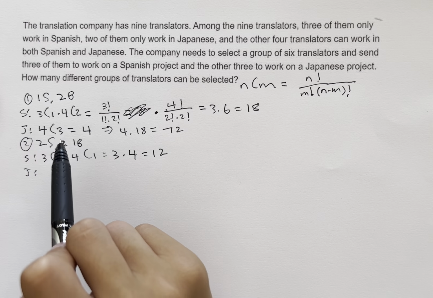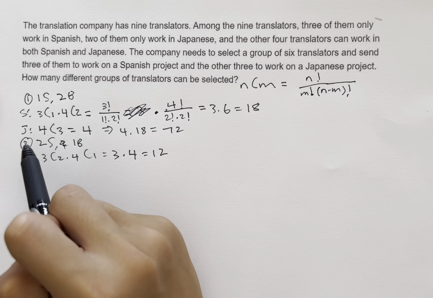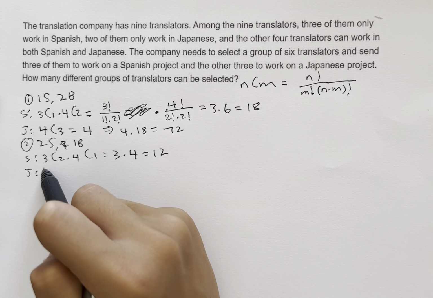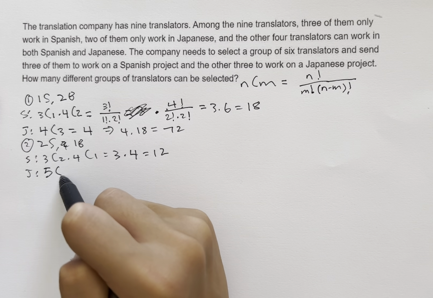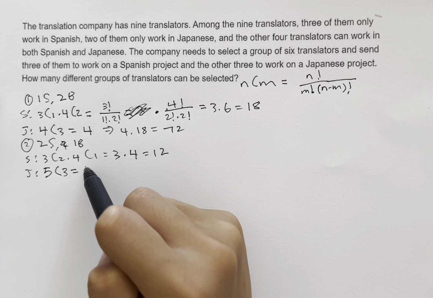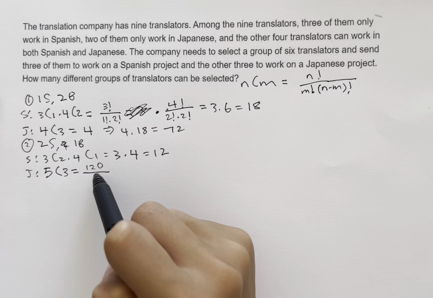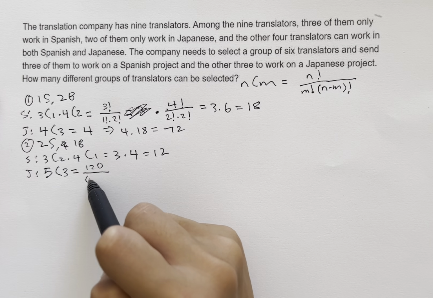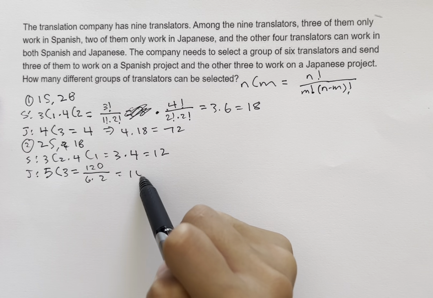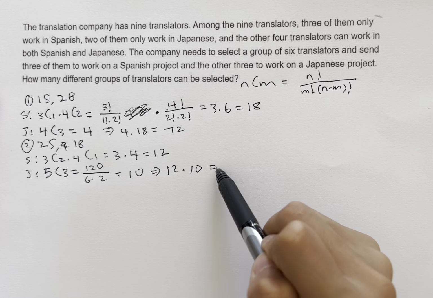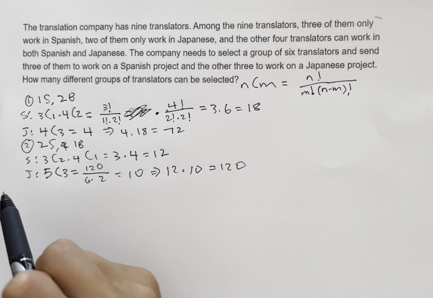So 3 plus 2 equals 5 translators that can work in Japanese. So this one will be 5C3, which is 5 factorial over 6 times 2, equal to 10. So 12 times 10 equals 120 for this case.